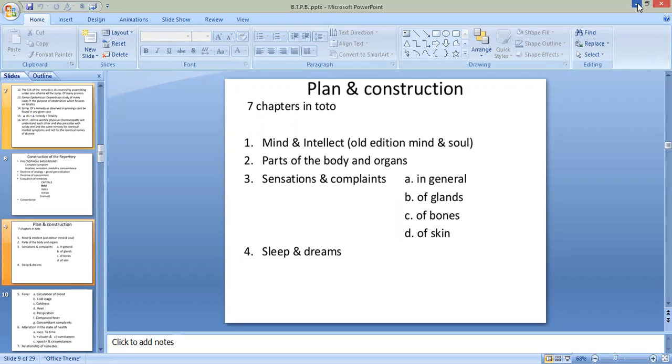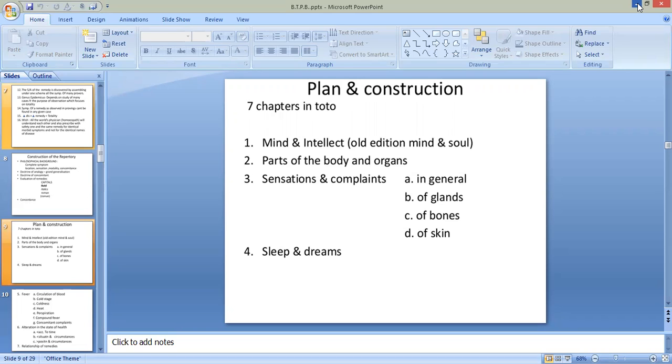It was given at the end of this repertory as the last section or chapter. So this is all about the philosophical background of Boenninghausen's Therapeutic Pocket Book.